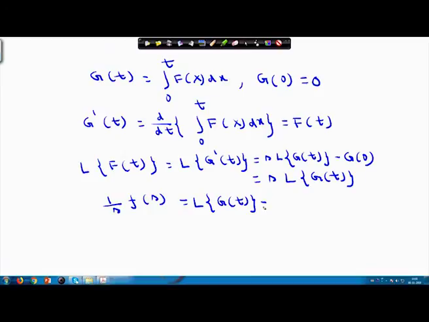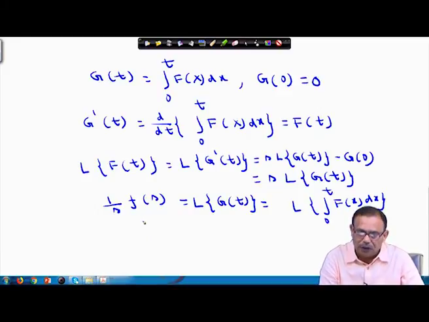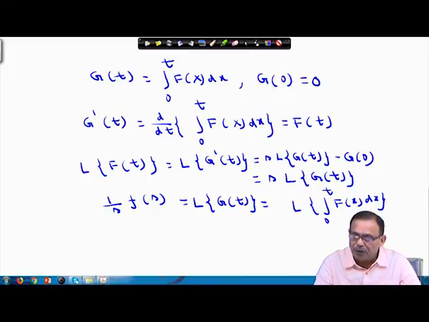And what is your g(t)? g(t) is nothing but the integral from 0 to t of f(x) dx. So, from here, if you see the Laplace transform of f(t), we get s times the Laplace transform of g(t), and then we are proving that the Laplace transform of the integral from 0 to t of f(x) dx is nothing but 1/s times F(s), where F(s) is the Laplace transform of f(t).